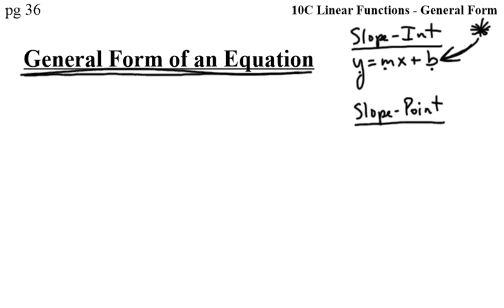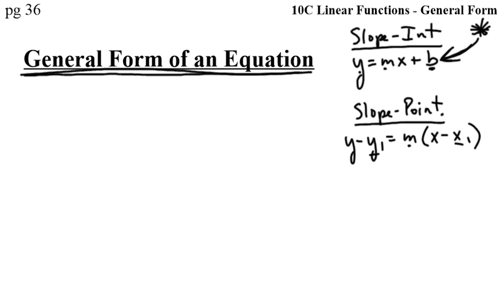The difference is we don't always have a slope or a y-intercept to deal with. Sometimes it's just another point. That's why y minus y1 equals slope times x minus x1, where we deal with the slope, but the y1 and x1 give us a point on the line.